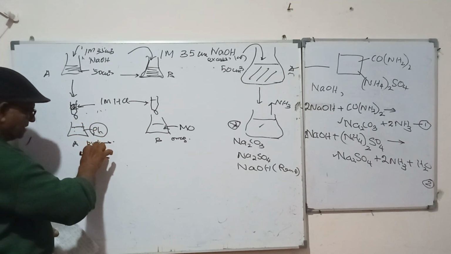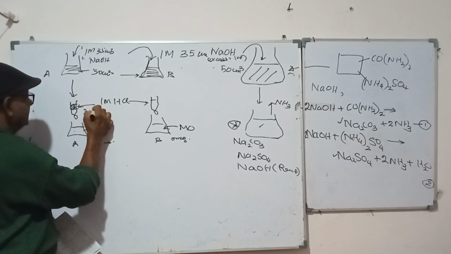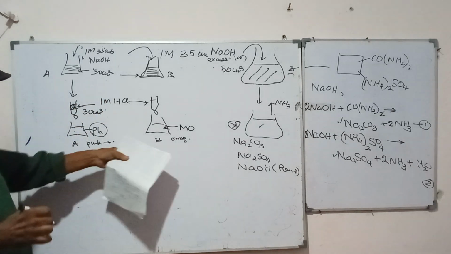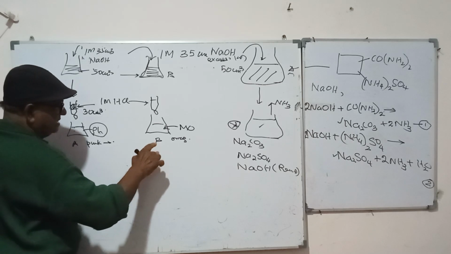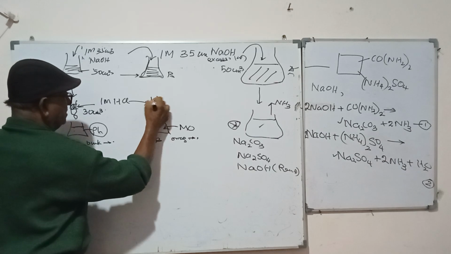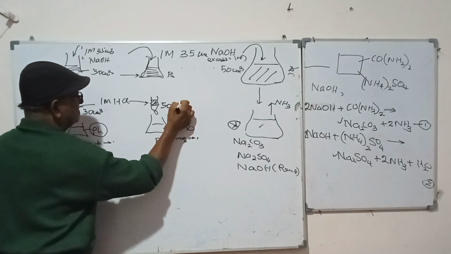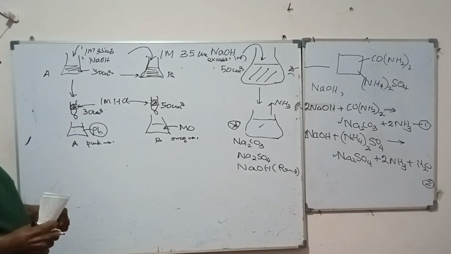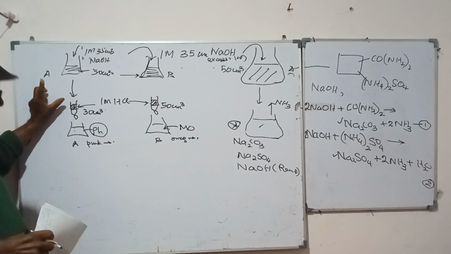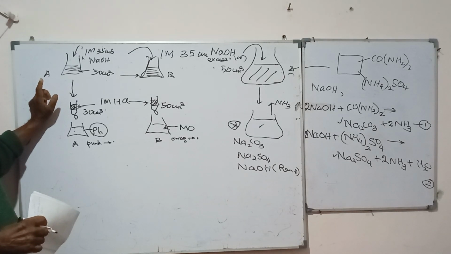When the color changes from pink to colorless, the burette reading is 30 cubic centimeter. When the color changes here from orange to red, the burette reading is 50 cubic centimeter. These are the data of the problem. This is the given problem for your exam.